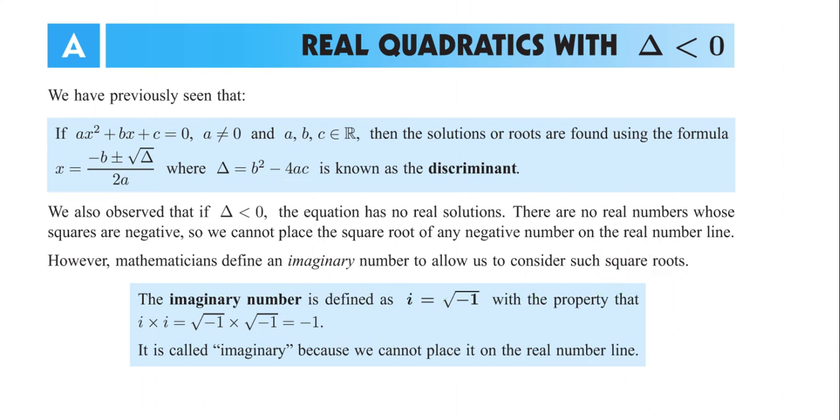So as I told you, that's what the discriminant is. It's just that b square minus 4ac is written as that triangle, which is known as the discriminant. And I hope you got what it is.